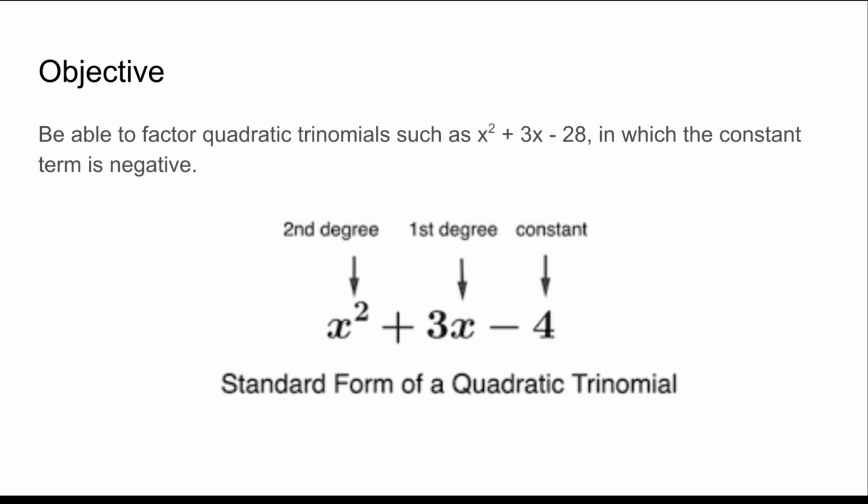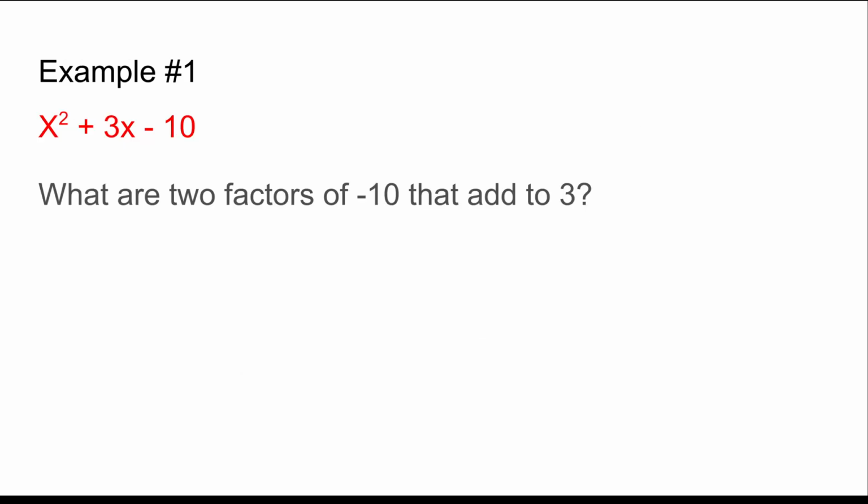No. If we did a negative times a negative, would we end up with a negative number? No, we'd end up with a positive product. So that's kind of a clue. You're going to be dealing with a positive and a negative factor to end up with a negative product.